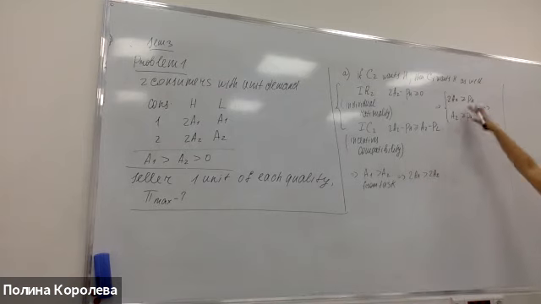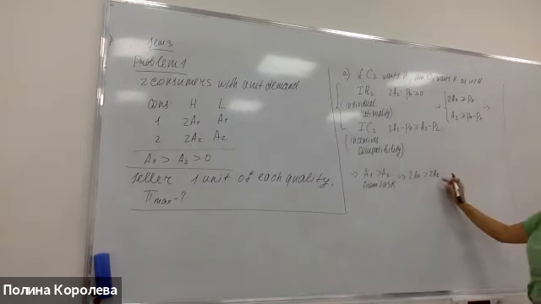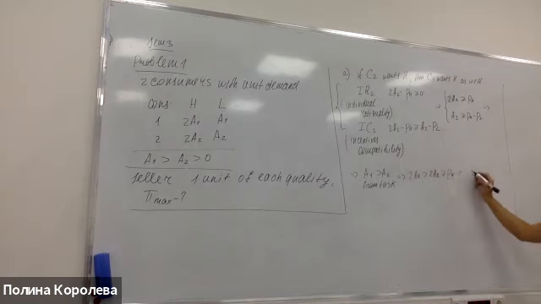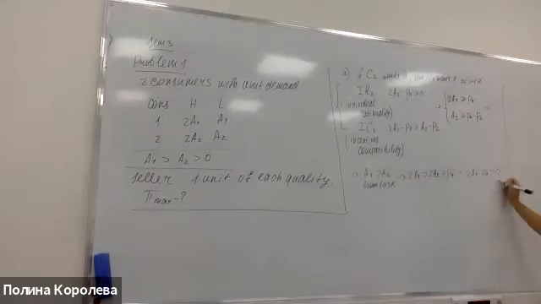And we use the information from the individual rationality constraint that 2A2 is greater or equal to the price of the high quality good. And that means that 2A1 minus the price of the high quality good is greater than 0. This is individual rationality for the first consumer. This is IR1.